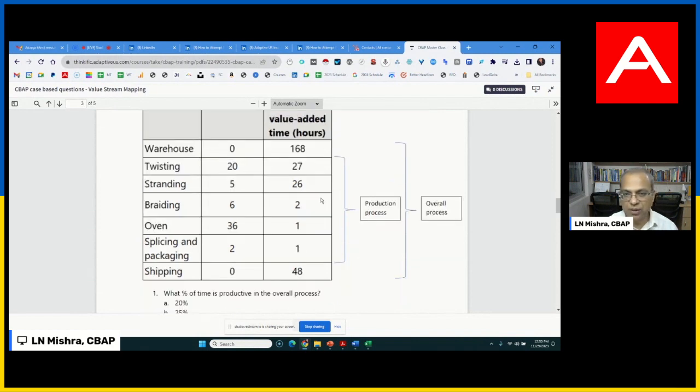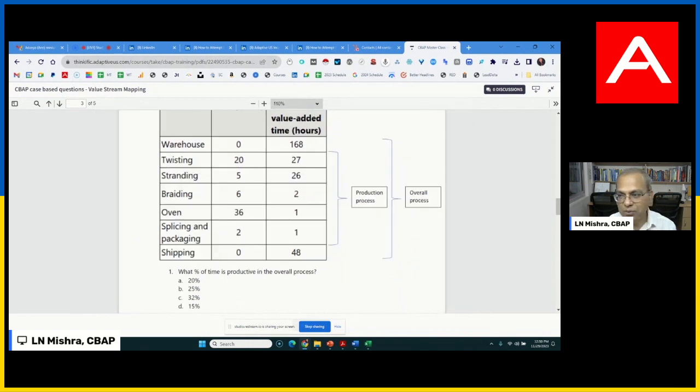And then suppose I give you this particular one and I ask you to compute what percentage of time is productive time in the overall process. So the first column is productive, the second column is non-productive. So can anyone compute the percentage of time that is productive in the overall process?